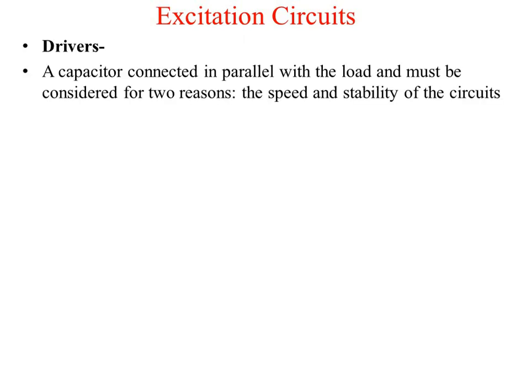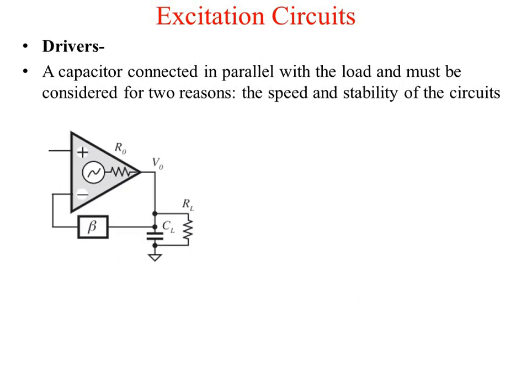The capacitor is connected in parallel with the load, and it decides the speed and the stability of the circuit. So this is how you will be connecting it. The voltage across this capacitor is fed back with some beta factor to the circuit, and whatever output you are getting has to be kept constant.